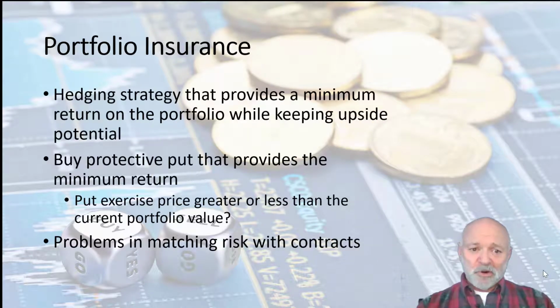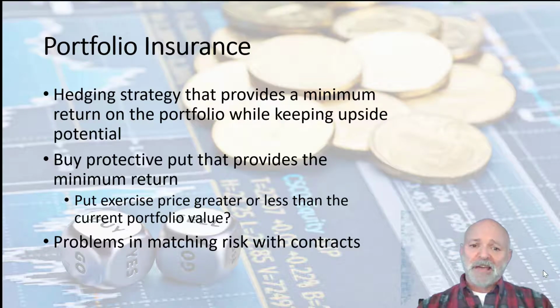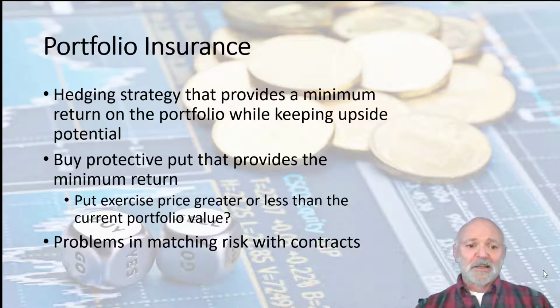We can also use portfolio insurance, an alternative hedging strategy that makes sure that we have a minimum rate of return on our portfolio while maintaining unlimited upside potential. To do this, we put a put option together with the expected return in the underlying investment. And again, we have a question: exactly at what level is the exercise price in the put option going to be?